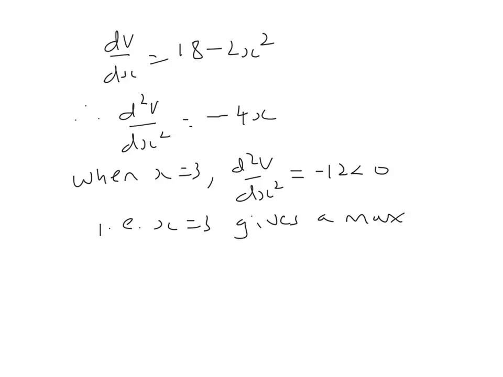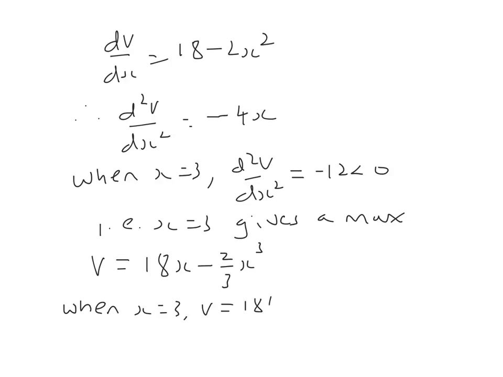So what is that maximum value? Well, we know that V equals 18x minus 2/3 x cubed. So when x equals 3, V is 18 times 3 minus 2/3 of 3 cubed. 18 times 3 is 54. 3 cubed is 27. 2/3 of 27 is 18. 54 minus 18 is 36.